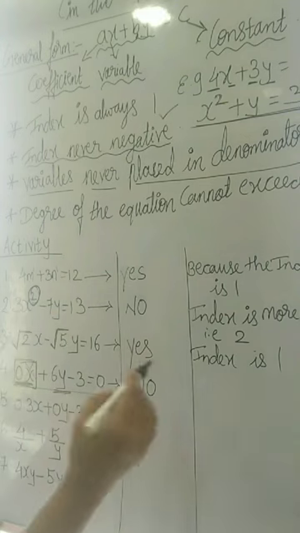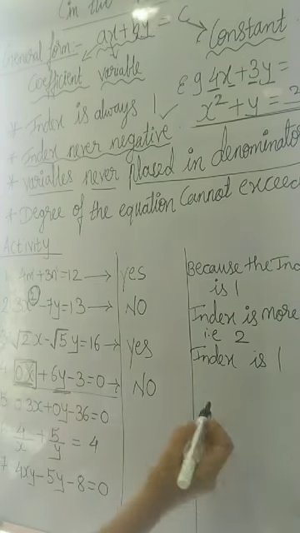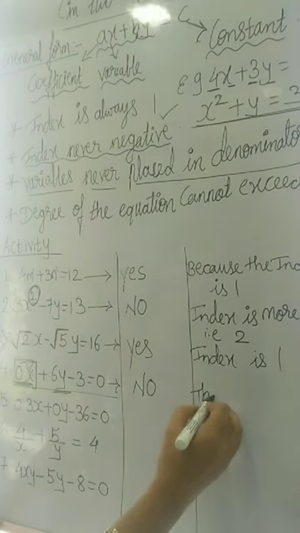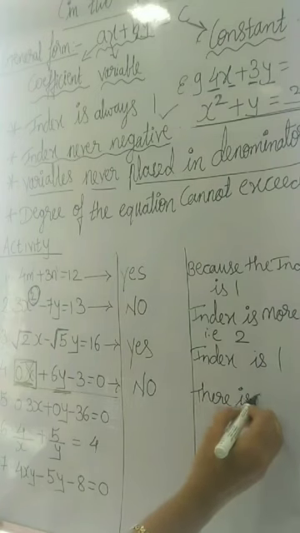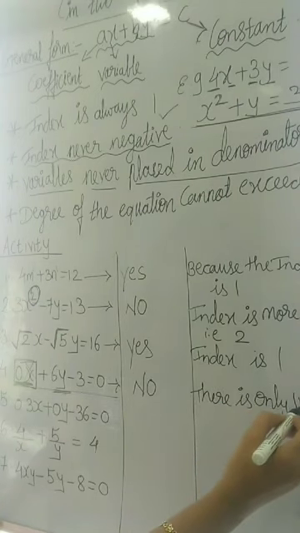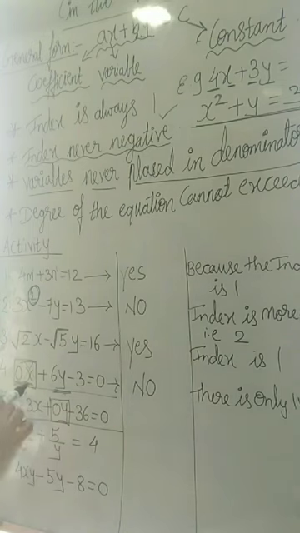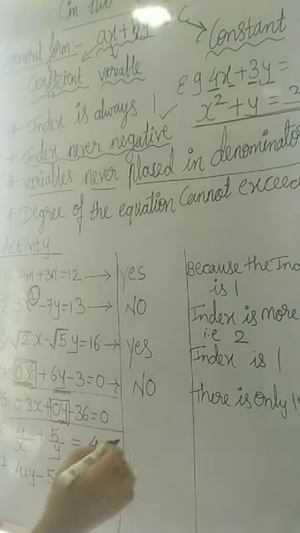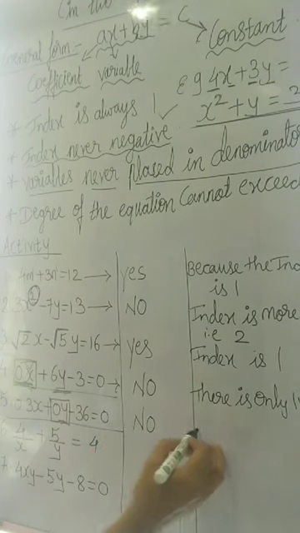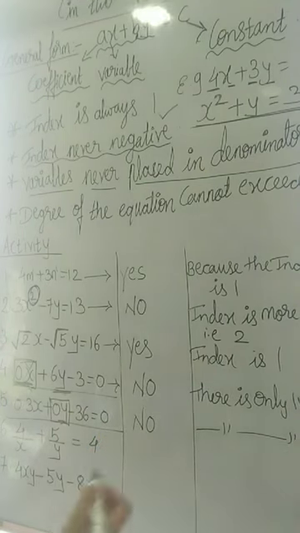So this is not a linear equation, because the reason is there is only one variable. Next one, same situation, same example. Here the x term was getting 0. Here the y term is getting 0. So here also I will say no, and the reason remains the same.